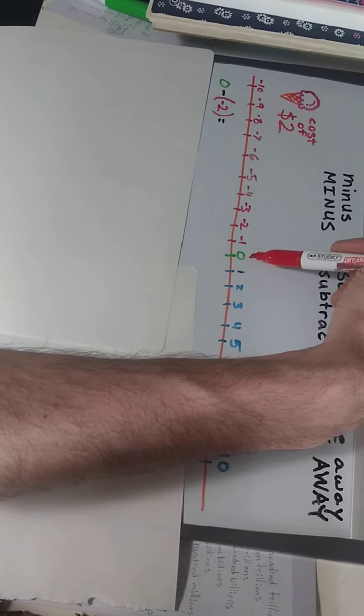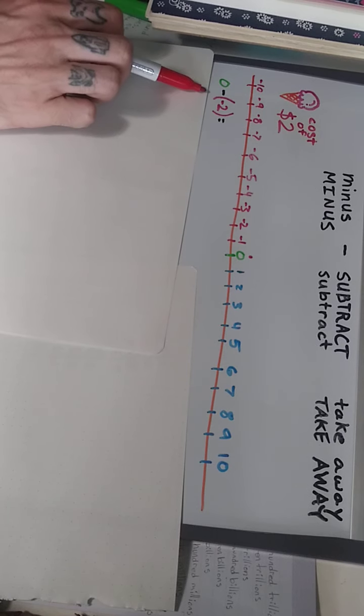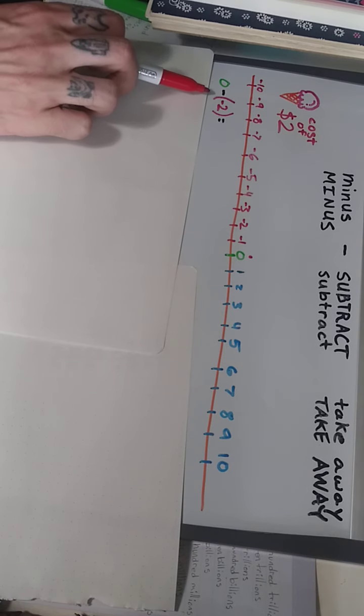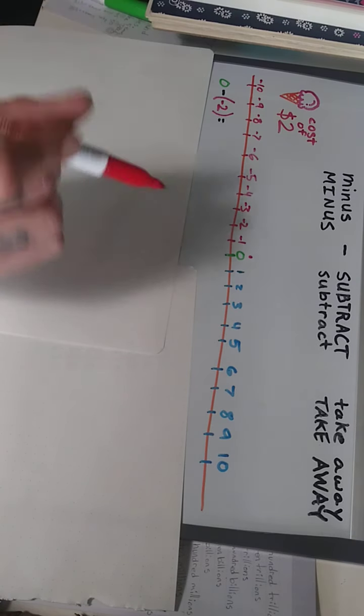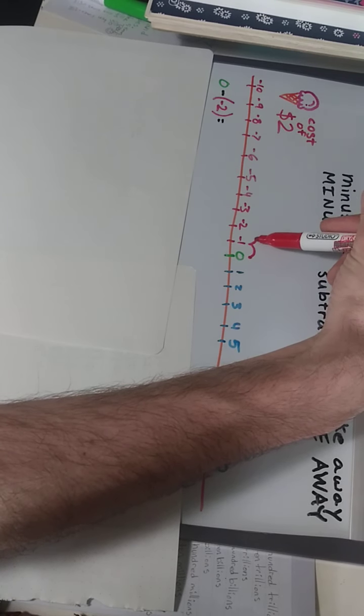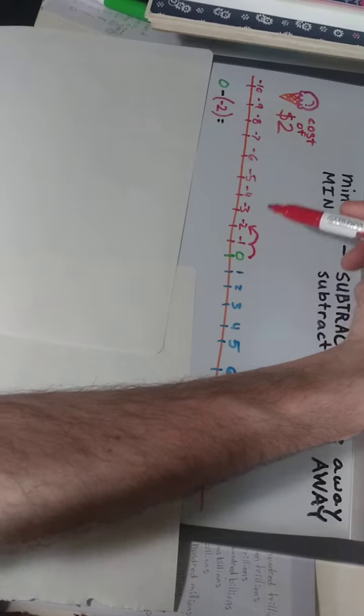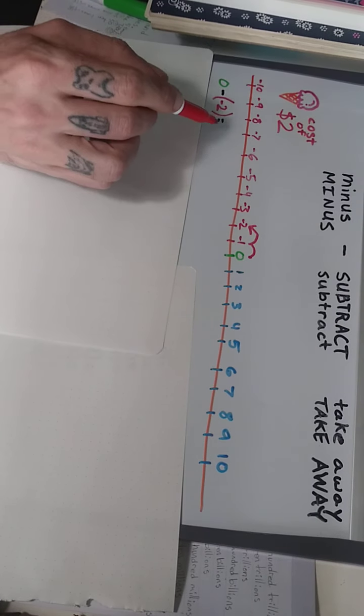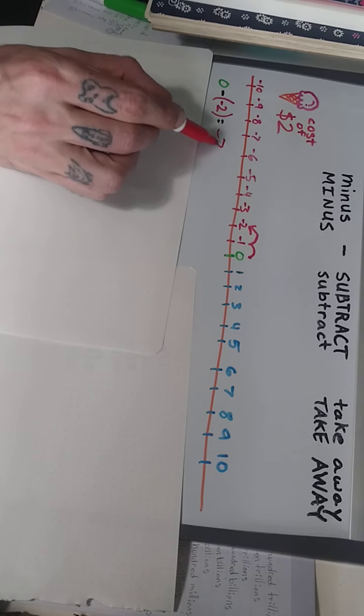So 0 minus the cost of the ice cream, -2. We'll move over to 1, 2, and we have an answer of -2.